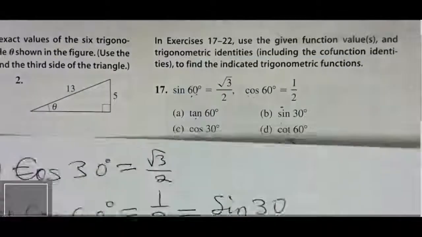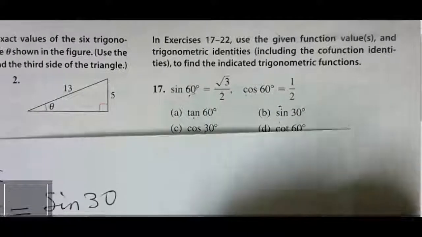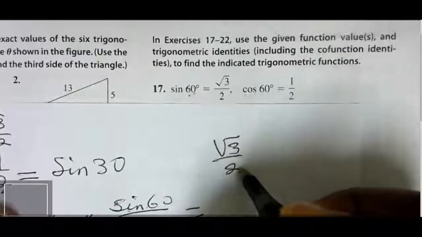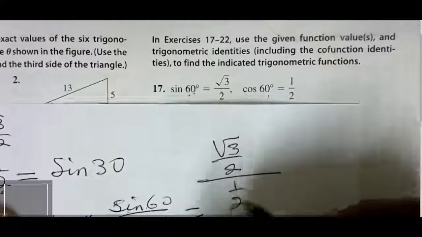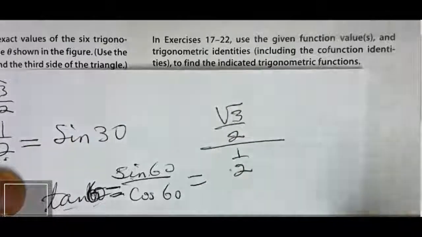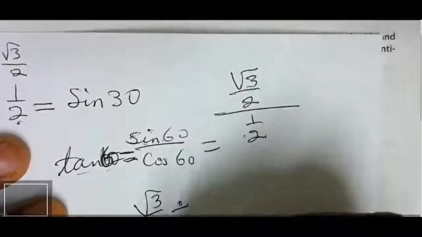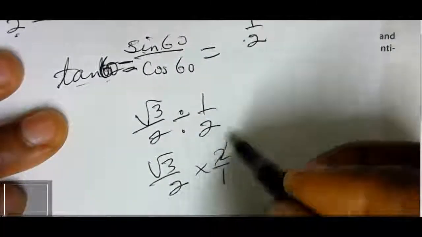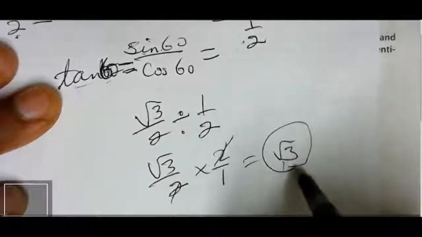Sine 60 is square root of 3 over 2, divided by cosine 60, which is 1/2. So that will be square root of 3 over 2 times 2 over 1. The 2s cancel out, and we have square root of 3. So tan 60 is going to be square root of 3.